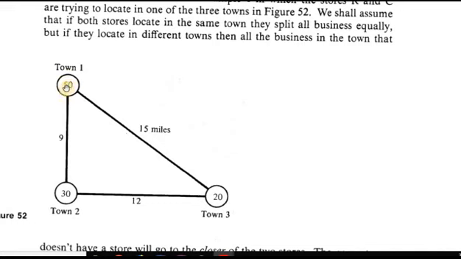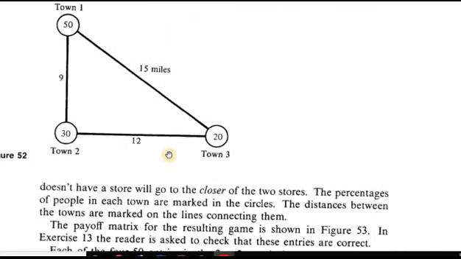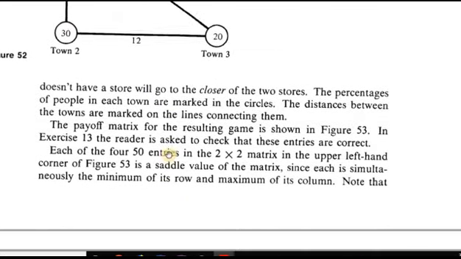Now if both stores locate here, then both stores will share the revenue equally. Customers will be equally likely to go to either one. So if both stores locate here, each store gets 50%. If one store locates here and the other store locates here, each store gets 50%. So it seems like there are probably 2 solutions that give me the same payoff. Let's see how this works mathematically.